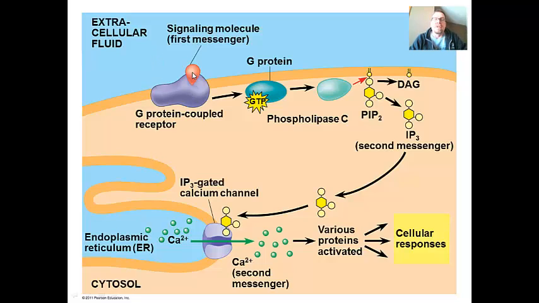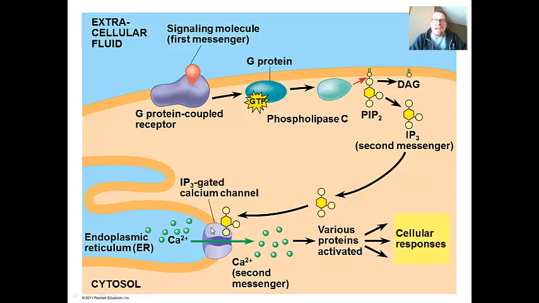Anyhow, here's our first messenger signaling molecule. It activates a G protein with GTP. This in turn activated what's called phospholipase C. This is an enzyme that acts on PIP2, just a membrane phospholipid. It cleaves it here, and what you get is the formation of diacylglycerol and inositol triphosphate, the second messenger.